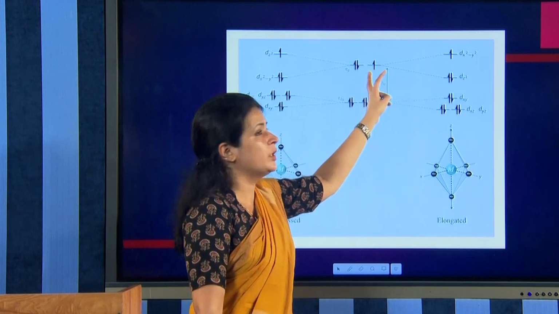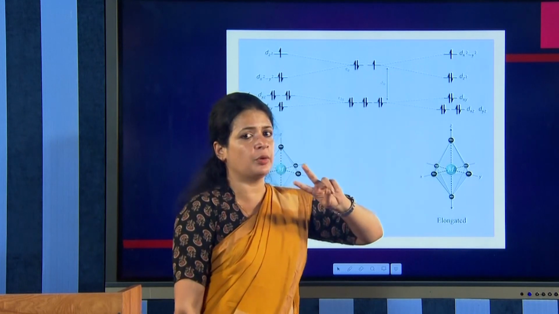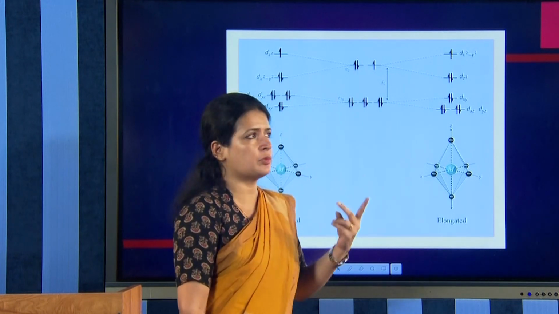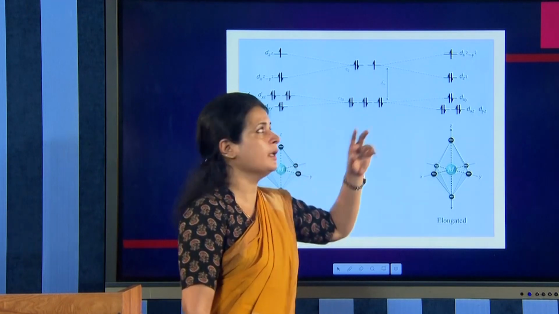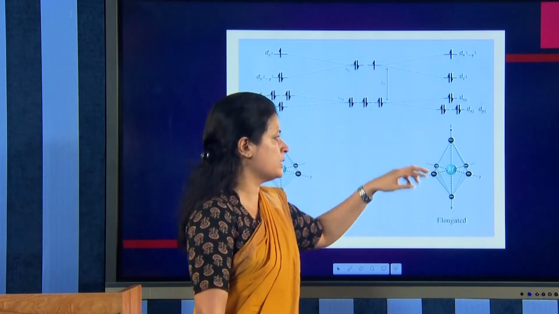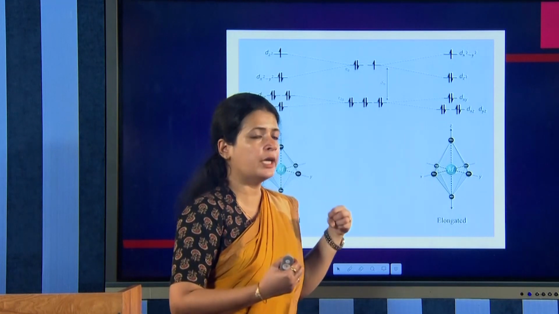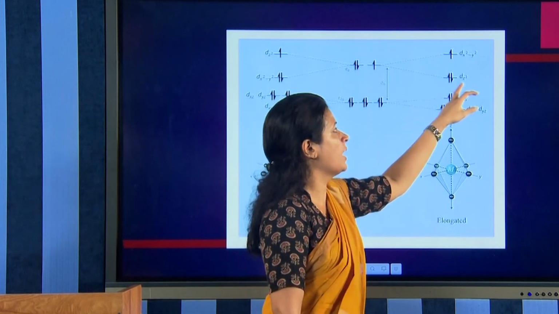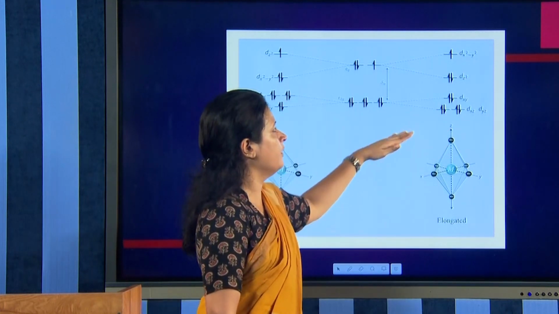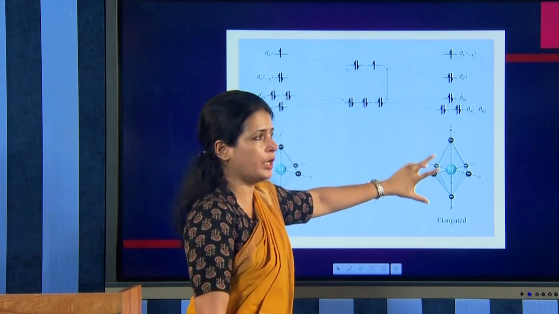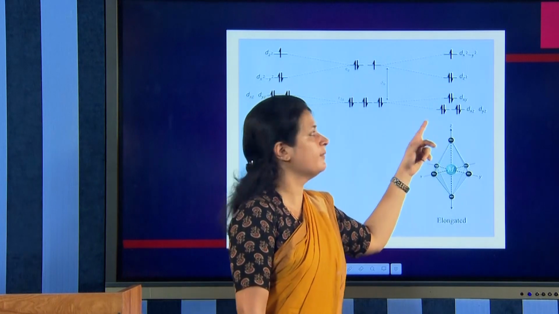When we come to the Eg orbitals, we have two Eg orbitals, dz square and dx square minus y square. Among these, dz square has a z component, and that will have a lower energy because it is a tetragonally elongated complex, and dx square minus y square is higher. This is the tetragonal elongation, and now electrons are filled like this.